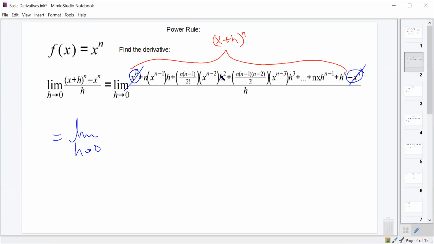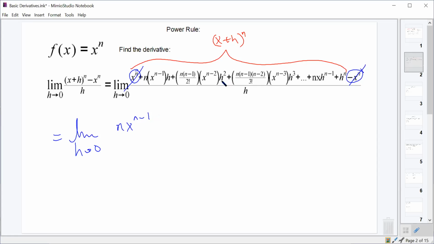Since they all have an h in them, can't I divide them all by an h? Yeah. Okay, so what is n x to the n minus 1 times h divided by h? n x to the n minus 1.